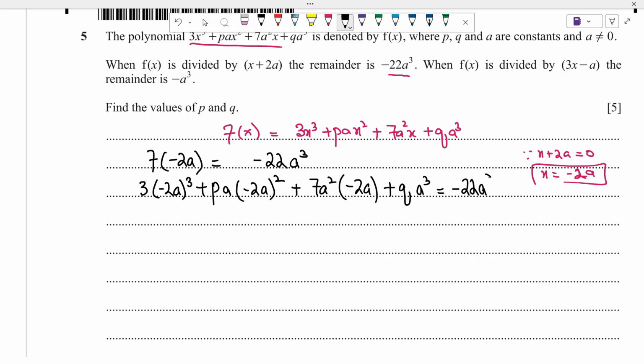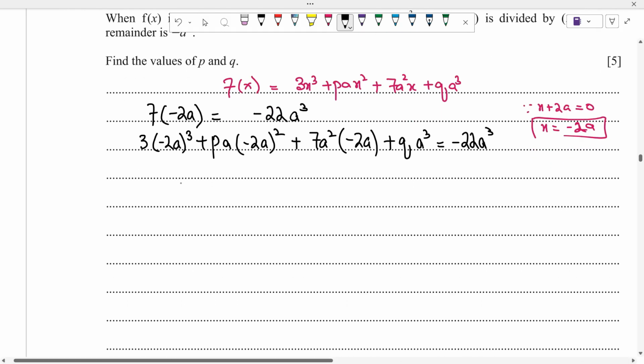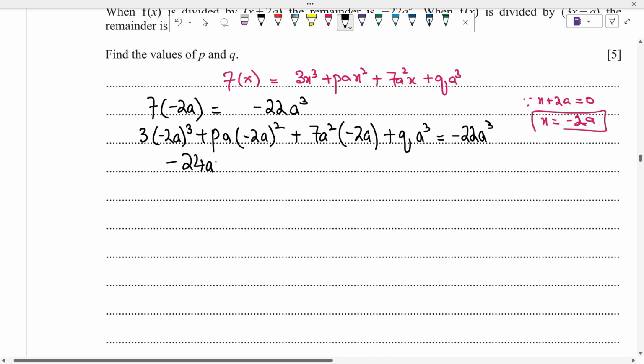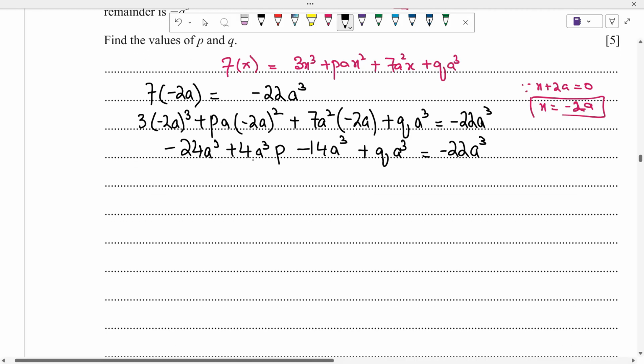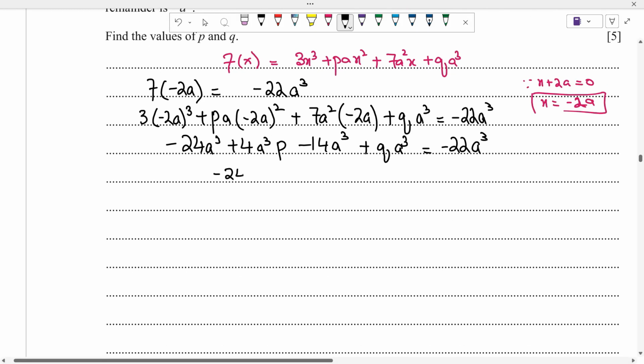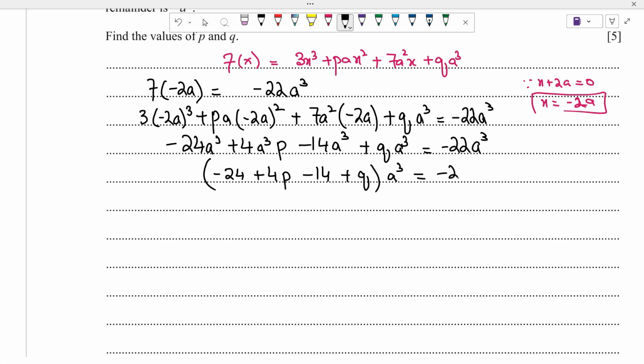Plugging negative 2a in f of x, we will have 3 times negative 2a cubed plus pa times negative 2a squared plus 7a squared times negative 2a plus qa cubed, equal to negative 22a cubed. Solving this, negative 2 cubed is negative 8, times 3 is negative 24a cubed, plus 4a cubed p minus 14a cubed plus qa cubed is equal to negative 22a cubed. Taking a cubed common, we have negative 24 plus 4p minus 14 plus q times a cubed equal to negative 22a cubed.